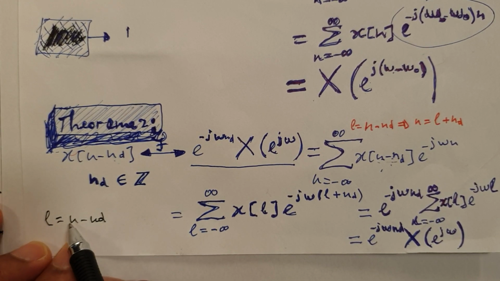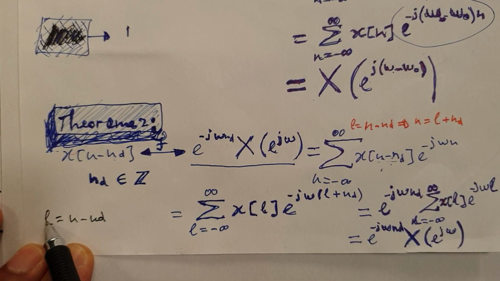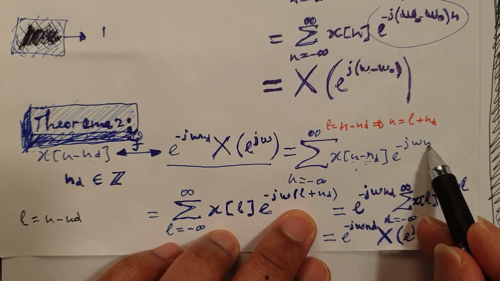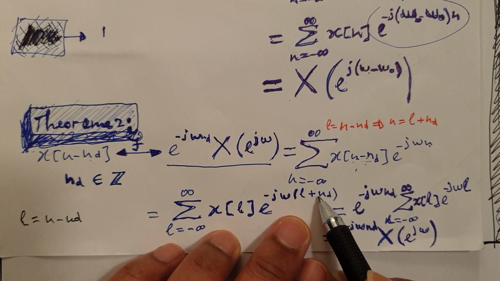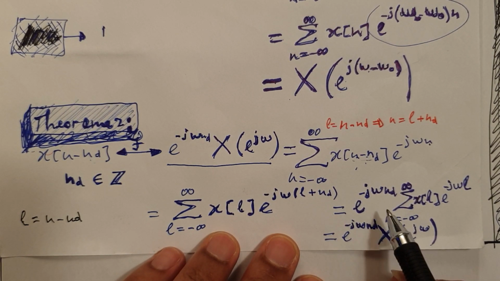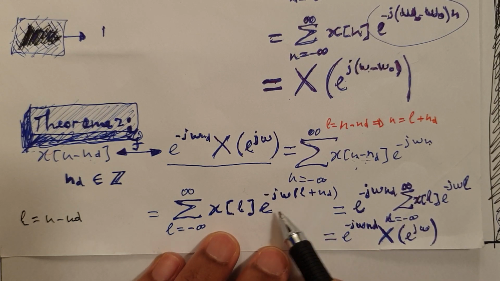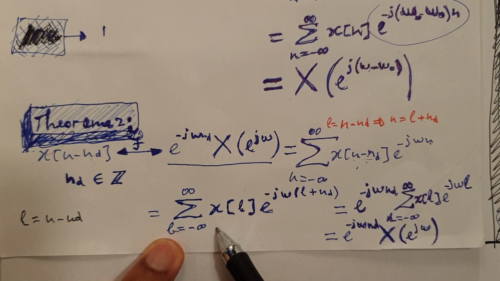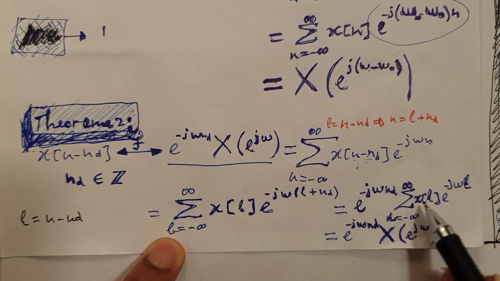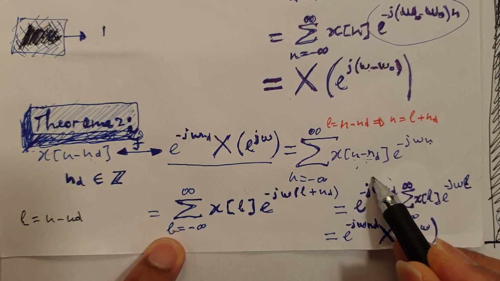That means that n then will be equal to L plus nd. That's why we wrote it down here. And what you have here is equal to L plus nd. And then, because you have L here, you just factor it again to have this match for L, and then you have this factor here.